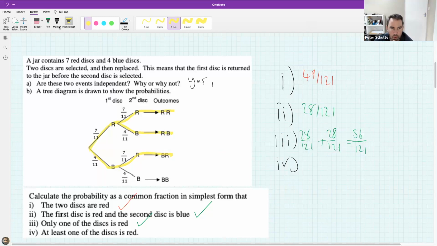So if there are 3 branches, there should be 3 outcomes. So we already know what red, red is. We already know what that one is. And we already know what that one is.